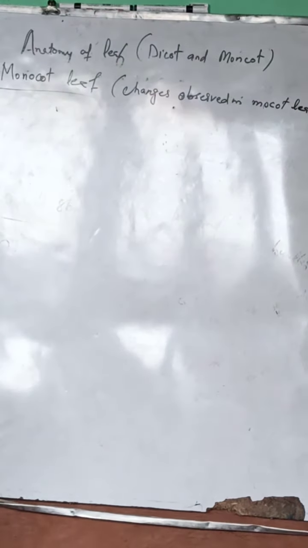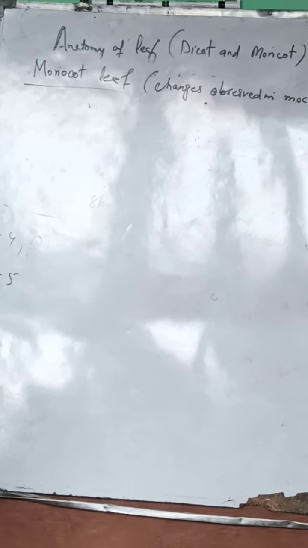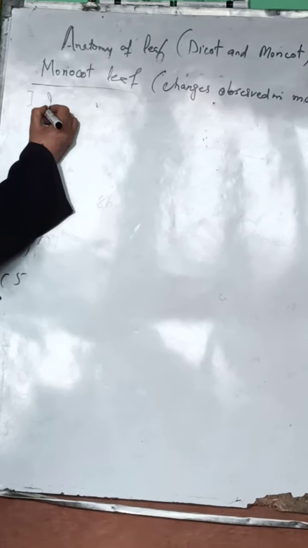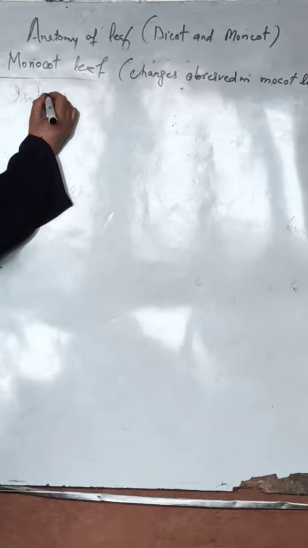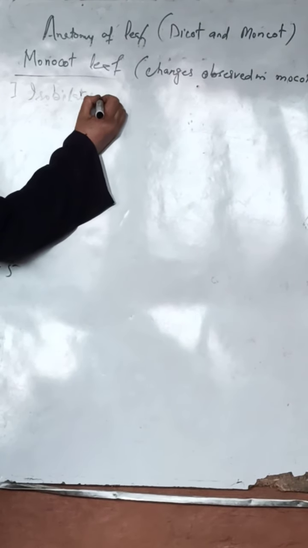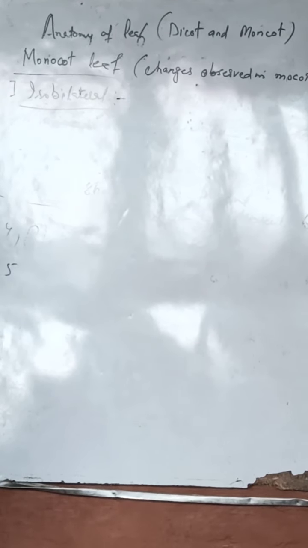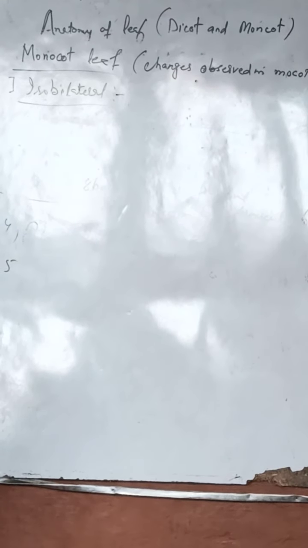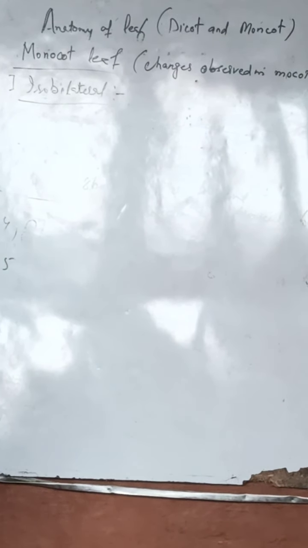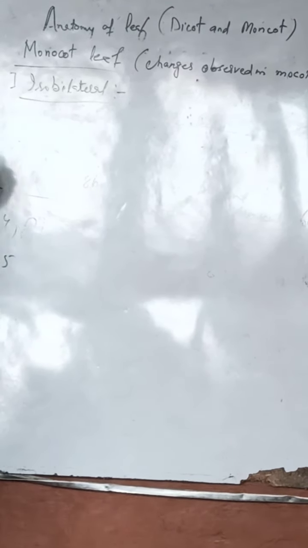First of all, we will see this is isobilateral. It means that both adaxial and abaxial surface have same number of stomata.